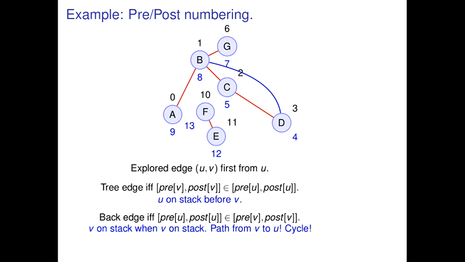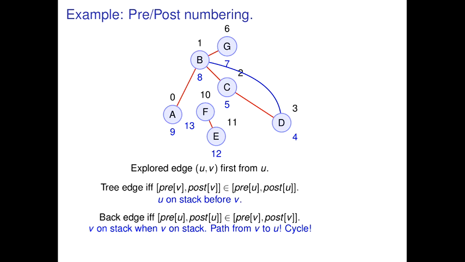And what it tells you is that either the edge is a tree edge, or every edge goes back to a previous node that's on the stack while you're running. There's no edge from D to E. So these are the only two possibilities.